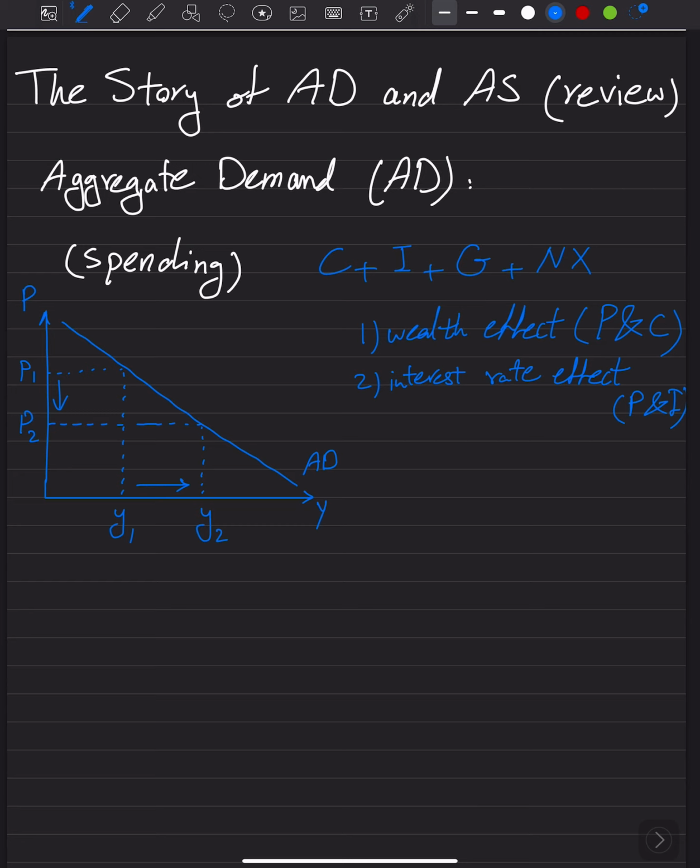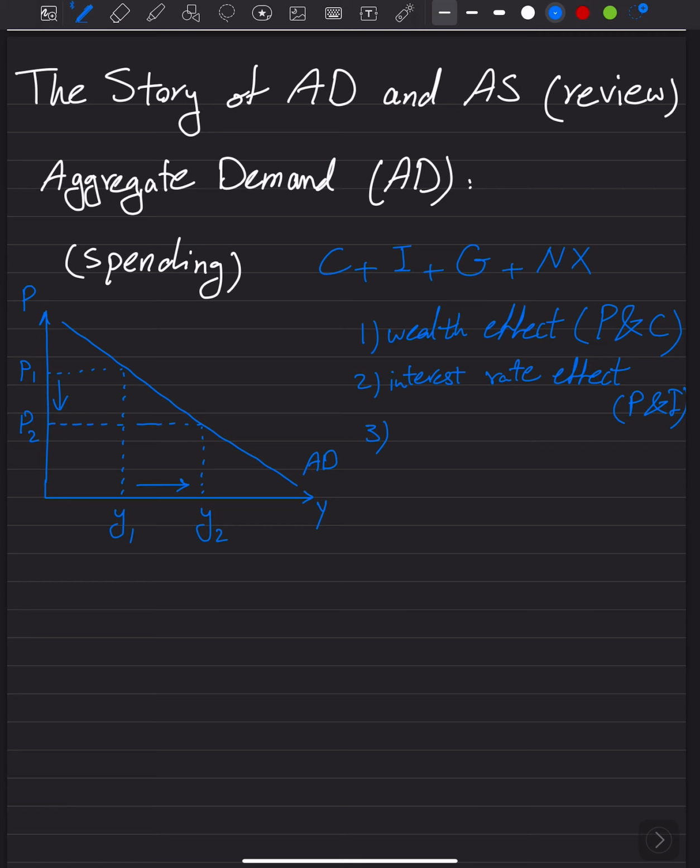When the price, for example, goes down, it signals the businesses to borrow more money and invest more, because the borrowing gets cheaper. When we have lower prices, the interest rate goes down, and businesses find it cheaper to borrow and they will invest more. So, this is another reason that we see this negative relationship between the prices and the aggregate demand.